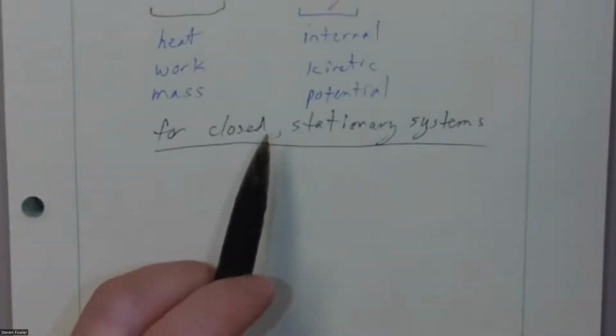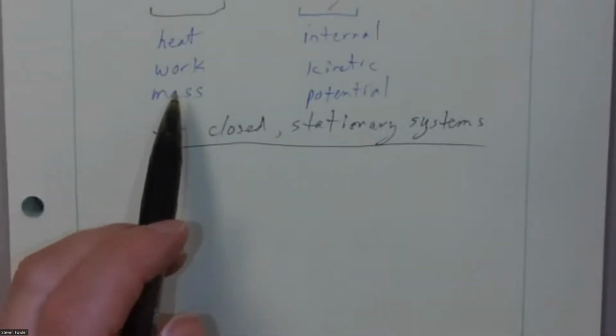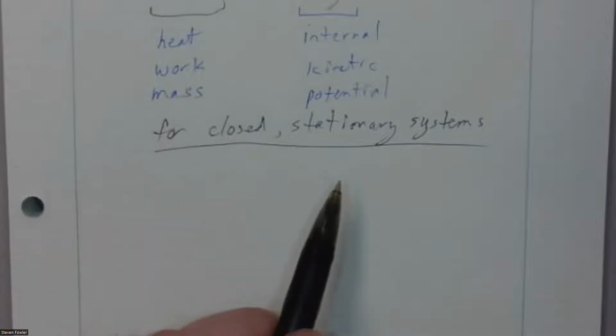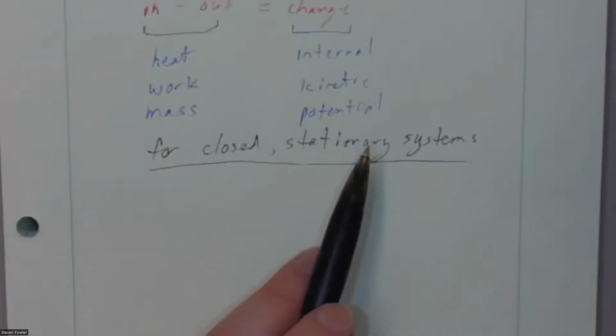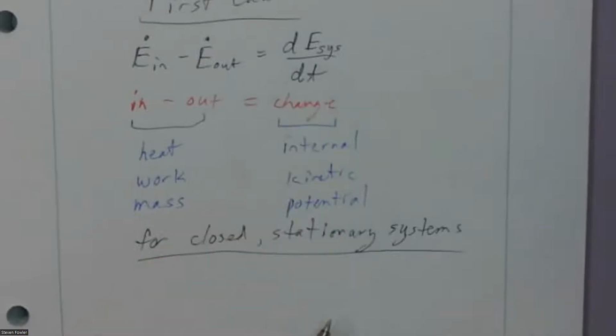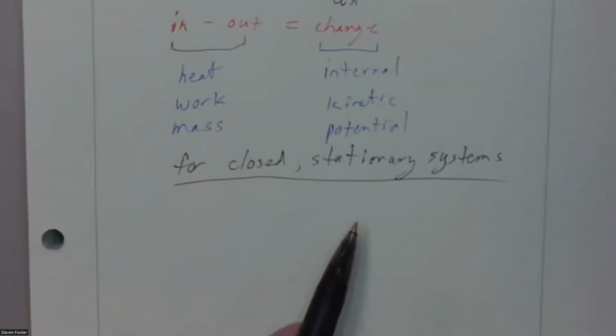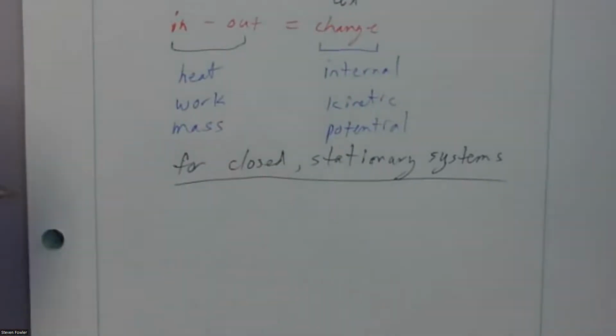Well, if it's a closed system, that means there's no mass crossing the boundary. So there's no mass energy crossing the boundary. If it's stationary, the kinetic and the potential energies are not changing over time. So I'm really left with only the internal energy. We'll see that when this shakes out. So here's the thing.